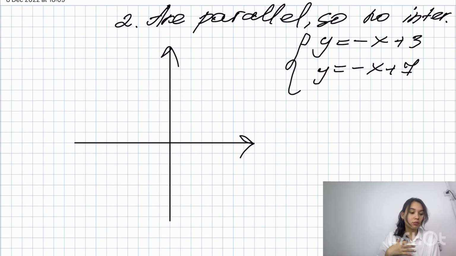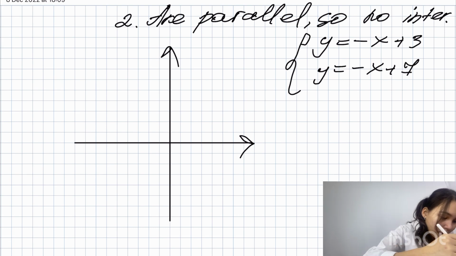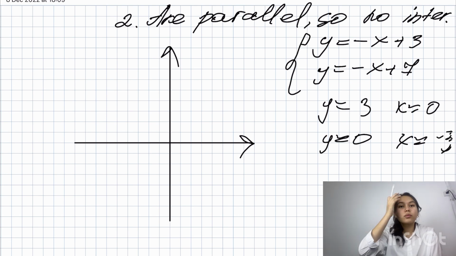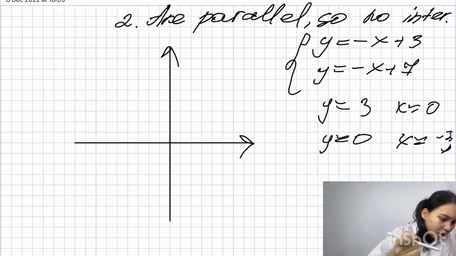Let's solve it the fast way. It means that y is equal to 3 when x is equal to 0, and when y is equal to 0, x is equal to 3.